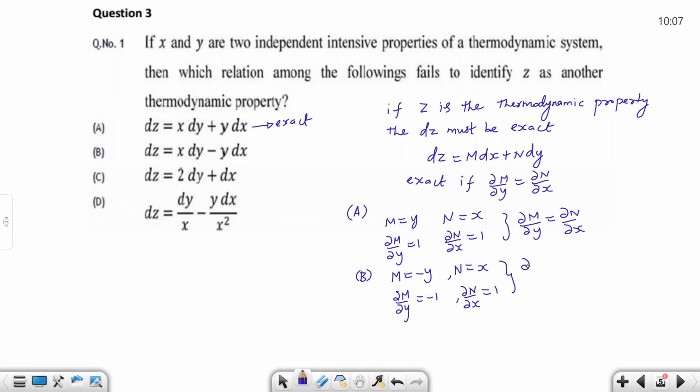So in this case, it is inexact. Z is not a thermodynamic property. So which relation among the following fails to identify Z as a thermodynamic property? That means B is the answer.